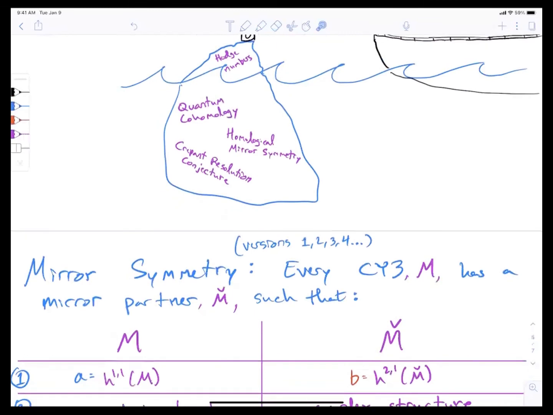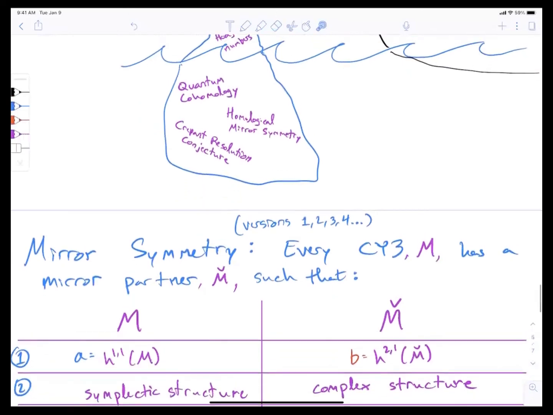But then you start getting deeper. So actually, the number of two-dimensional holes is related to the symplectic geometry of this space M. So the kind of stuff that Clay studies, for instance. And the B here is related to the complex geometry, complex analysis of this other space. And so something really deep is going on here, where the symplectic geometry of one space should be isomorphic in some complex way to the complex geometry of a totally different space.